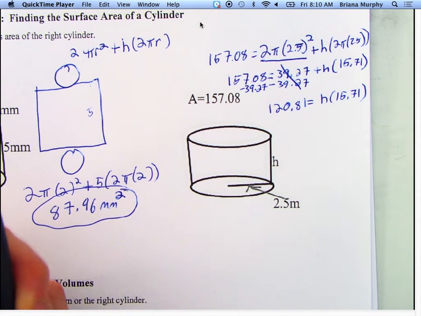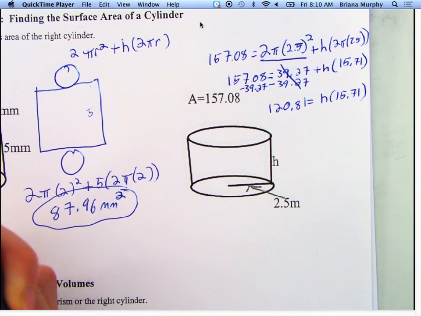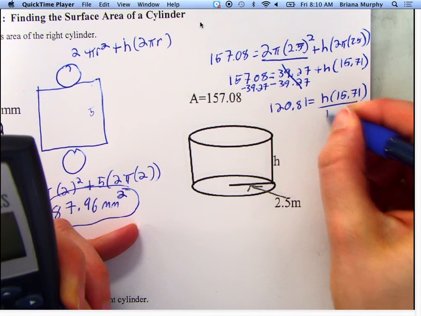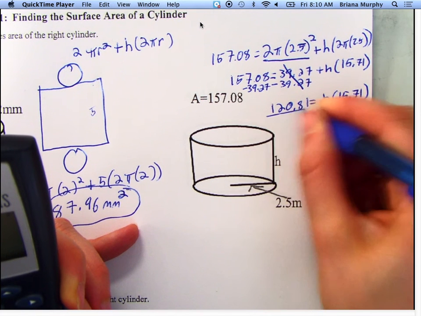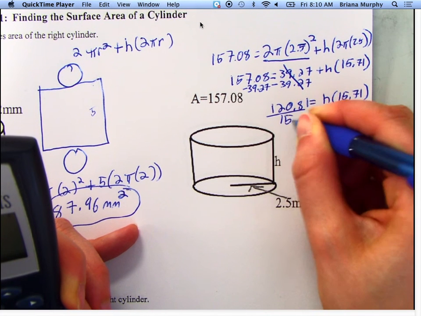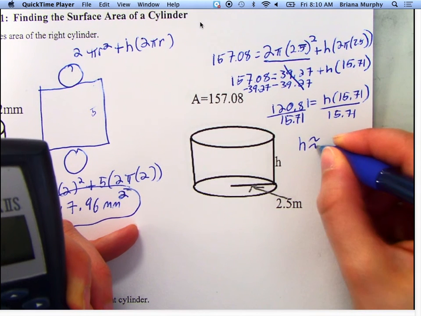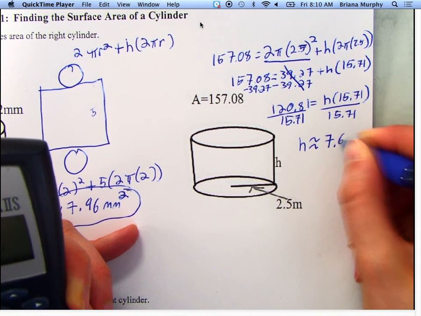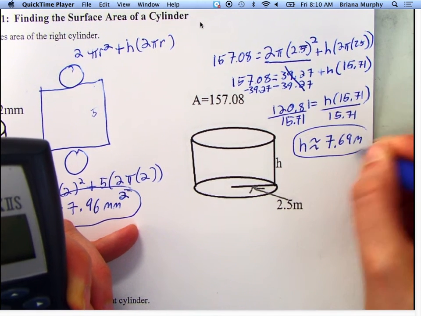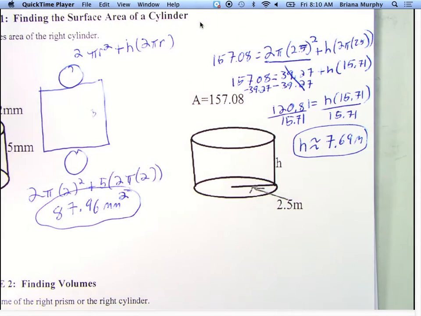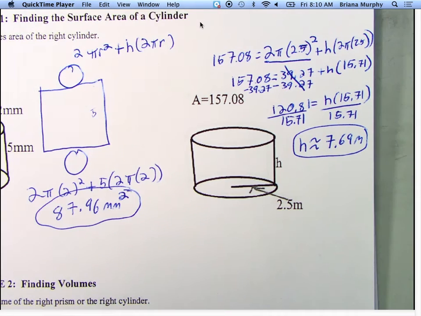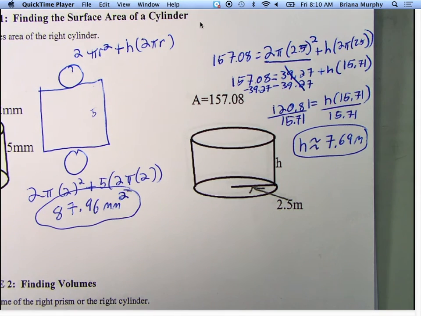Then I'm going to divide by 15.71, right? And h is approximately 7.69 meters. Feel pretty good about that? You guys think you could do that? Okay. Let's talk about volume now.